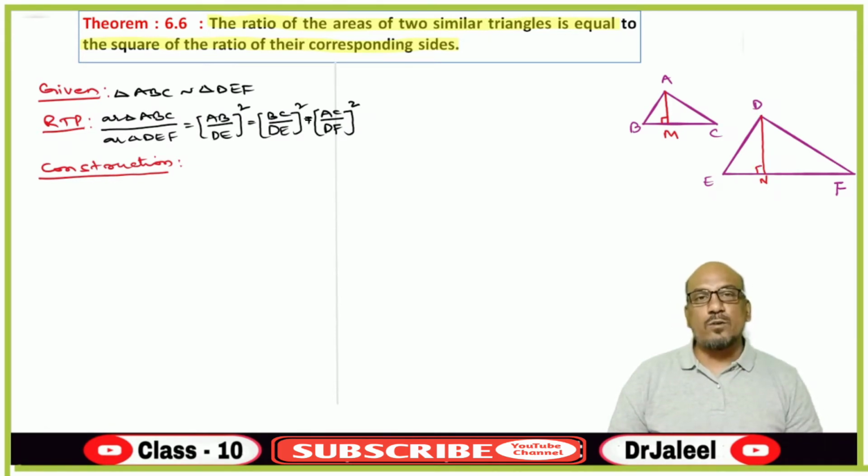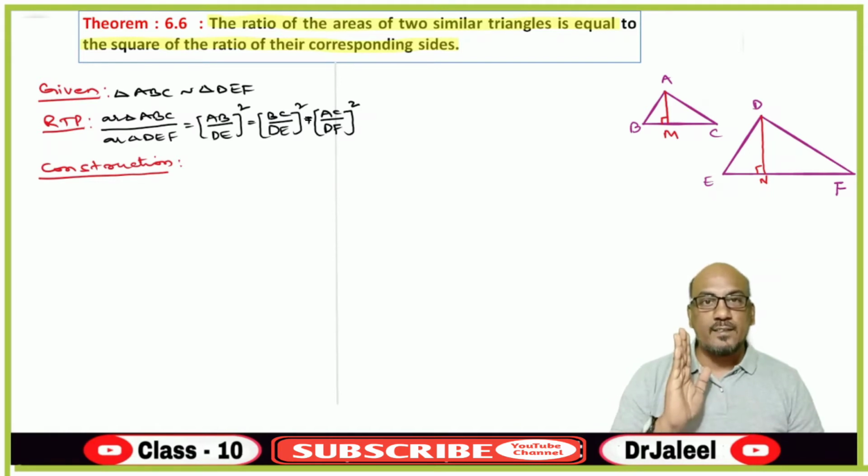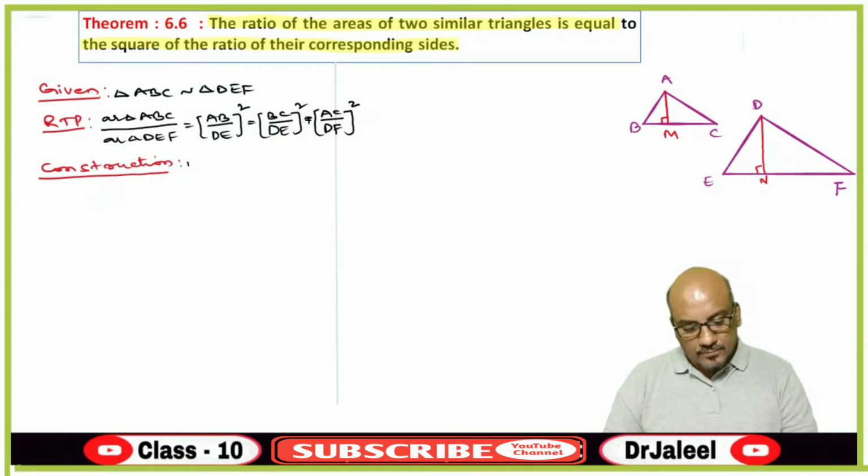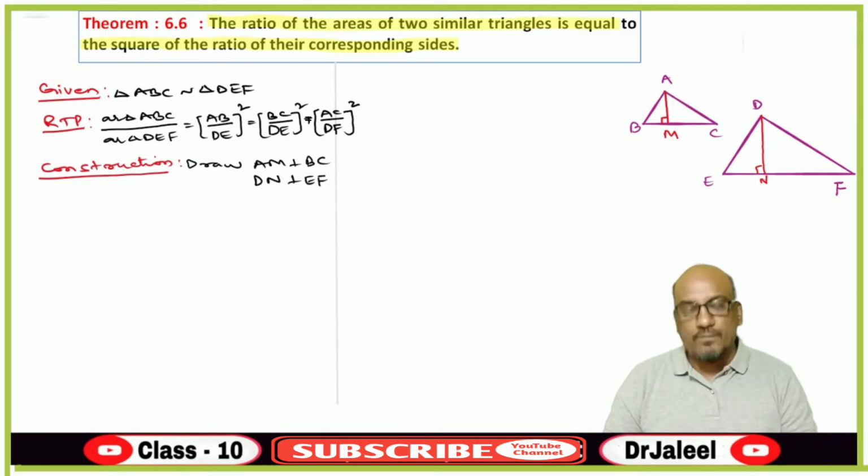Now, why did I draw this perpendicular? Because I want the ratio of the areas, and the area formula will consist of half into base into height. That height is required, so I have taken it here. Let us present it. Draw. What did we draw here? AM is perpendicular to BC and DN is perpendicular to EF.